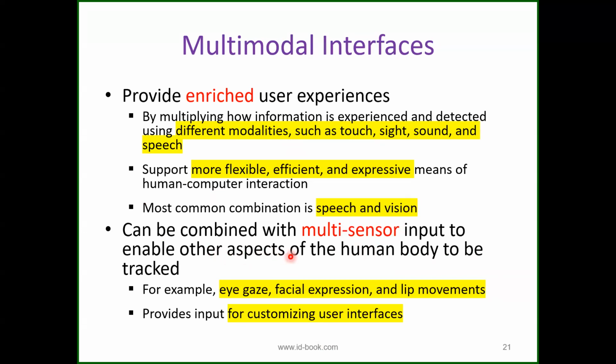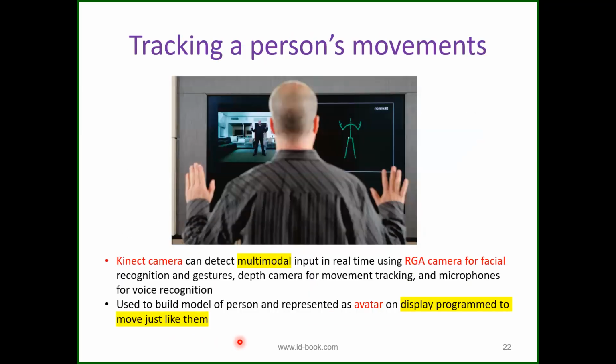It can be combined with multiple sensor inputs to enable other aspects of the human body to be tracked. For example, gaze, looking at something for a longer time, facial expression, and even lip movement can also be taken care of, to provide inputs for customizing the user interfaces.